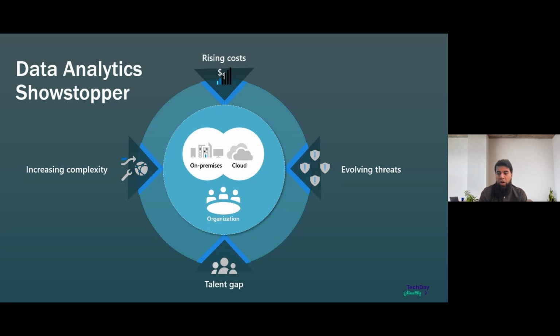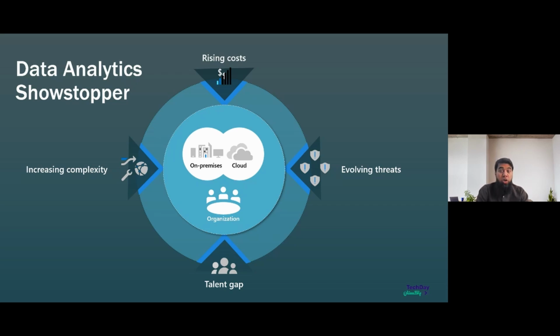So this is how we secured our whole data analytics infrastructure and the complete pipeline of my dashboards, starting from my end user to my end dashboard development. So these four pillars are the main showstoppers which we are facing here in Pakistan.